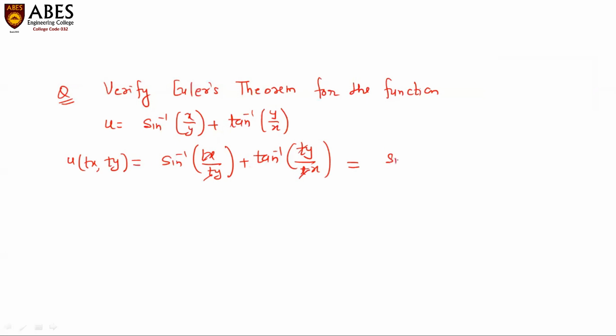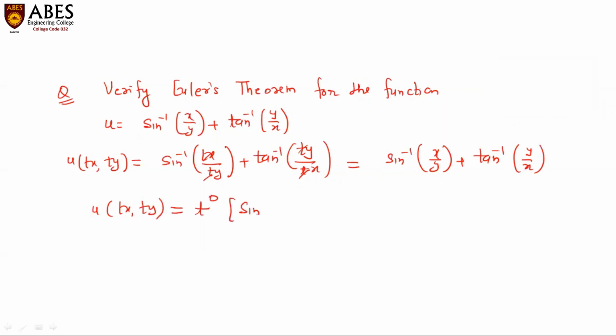So we'll get sine inverse x by y plus tan inverse y by x. So u(tx, ty) equal to t to the power 0 into sine inverse x upon y plus tan inverse y by x. And we know that t to the power 0 equal to 1. So we can write 1 as t to the power 0.